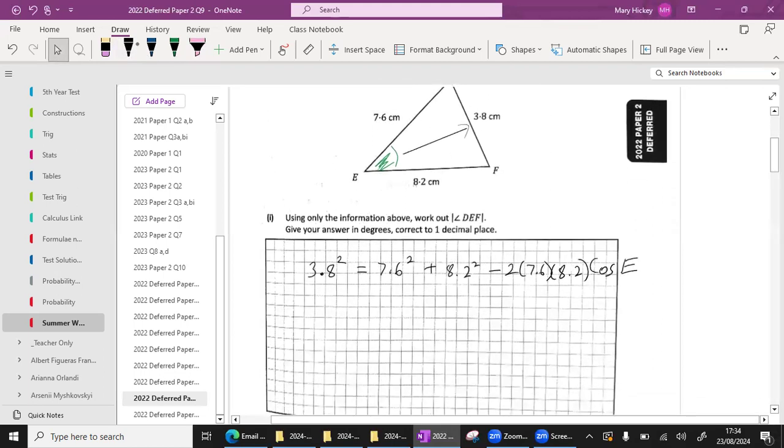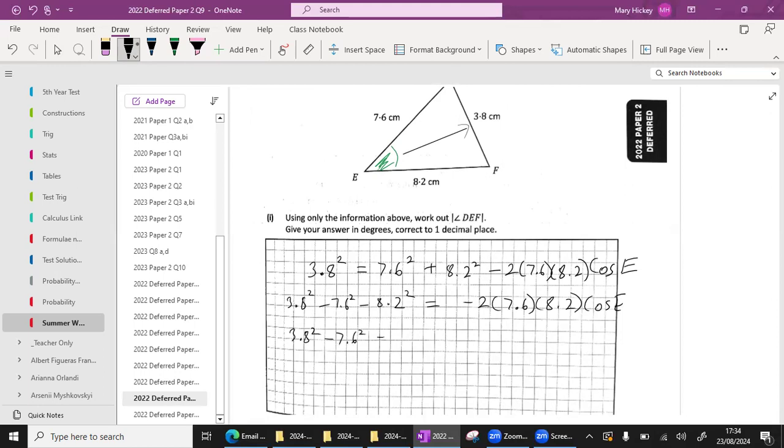Now, we want to do it in degrees to 1 decimal place. So I'm going to start by doing 3.8 squared minus 7.6 squared minus 8.2 squared. So all I'm doing initially is moving all the ones from plus to minus over the other side. Just be careful here, always with the cosine rule. These guys are going to go underneath.